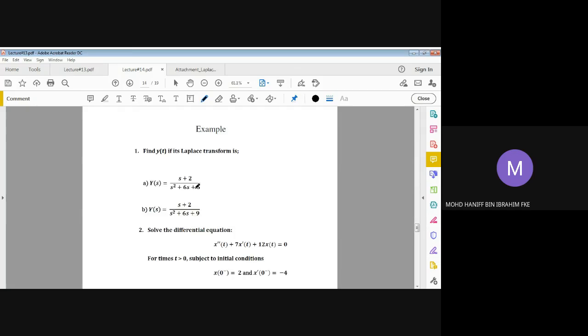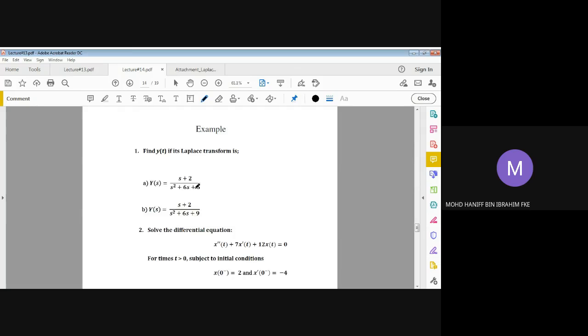I think that you can try to solve this on your own because the method is similar to what I've shown you in the previous slides. So try to solve this. If you face any problems, you can always contact me, or you can always PM me to ensure the answer that you get.